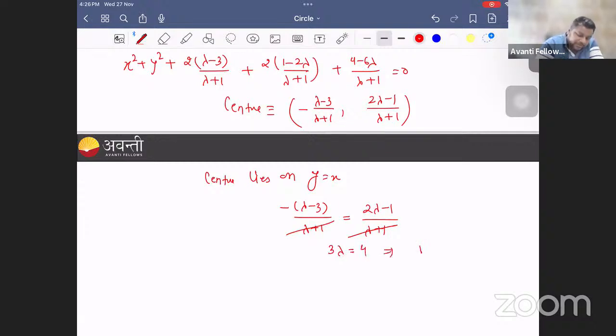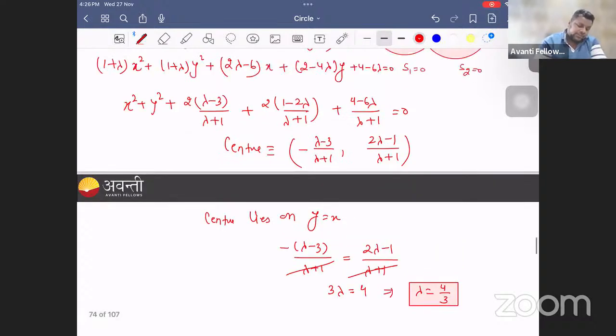So lambda came 4 upon 3. Now once you got the lambda, just put the lambda in any one of these equations. You will get the equation of the desired circle. All right. Just have a look.